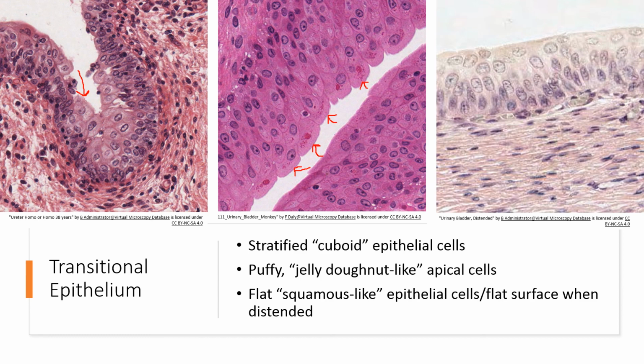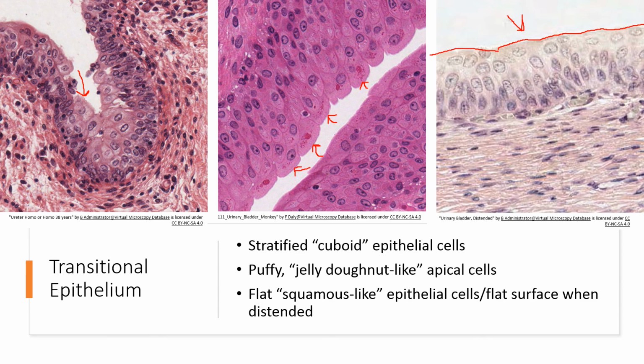So the left two pictures on this slide show you the unstretched version of this tissue. The one here on the right shows you the stretched version, the distended version. So you can see how the cells go from being puffy, like on the left side of the slide, and they flatten out on top here on the right.